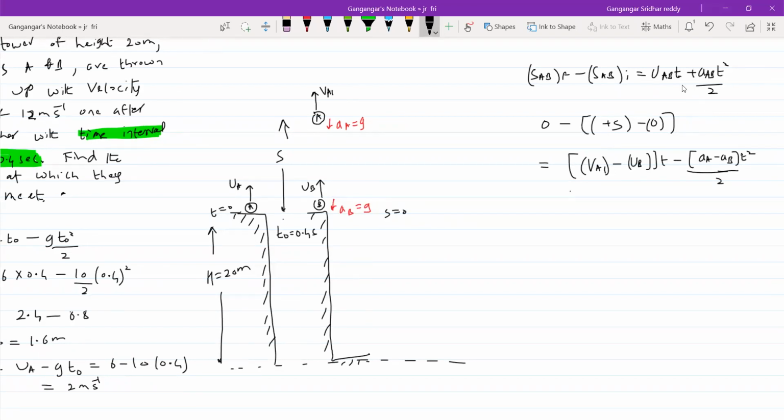So this will be minus of 6 point value of S, how much we got? 1.6 is equal to VA1. This we know plus 2. UB is how much? Anything upward, I'll take it positive. UB is 12. This time is measured from here. I'll make it plus 12.